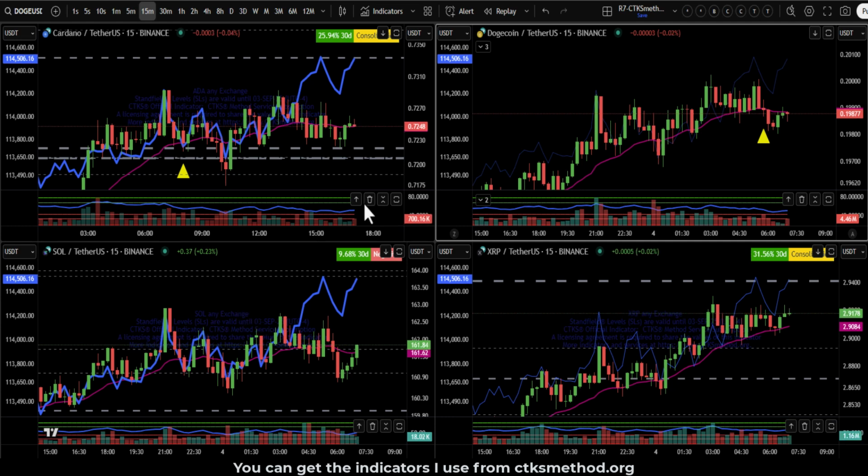Now we can see ADA has reasonable levels of strong structural support around the 7200 mark. When we look at Solana, there's overhead structural resistance at 164 and around the 161 is structural support. When we look at XRP, at that 294 level, overhead structural resistance, and then lower levels of structural support.